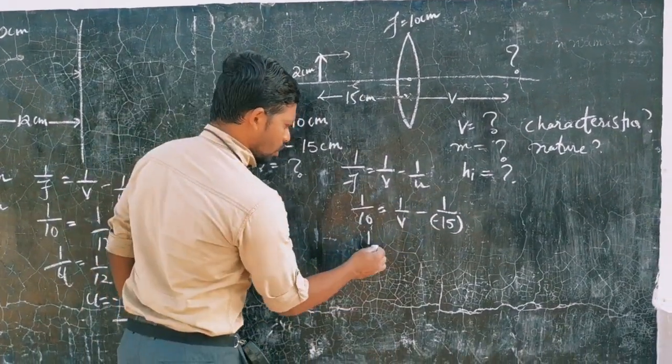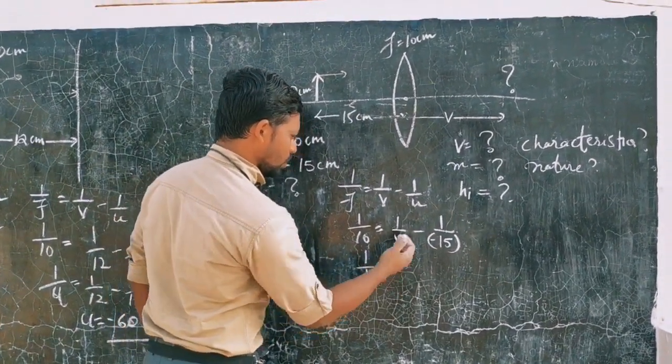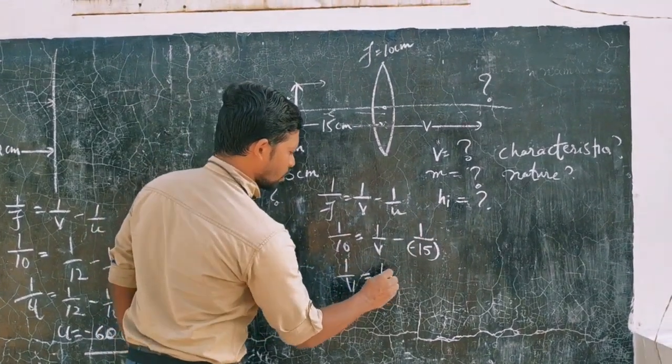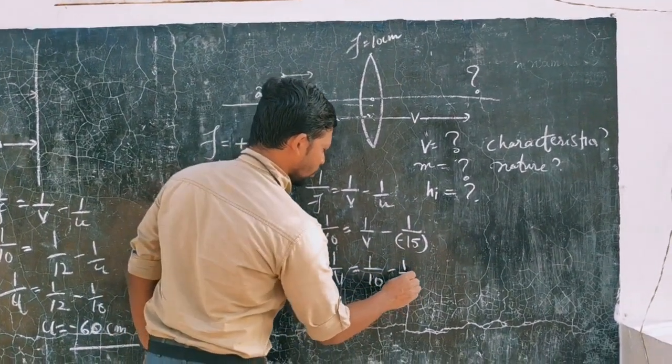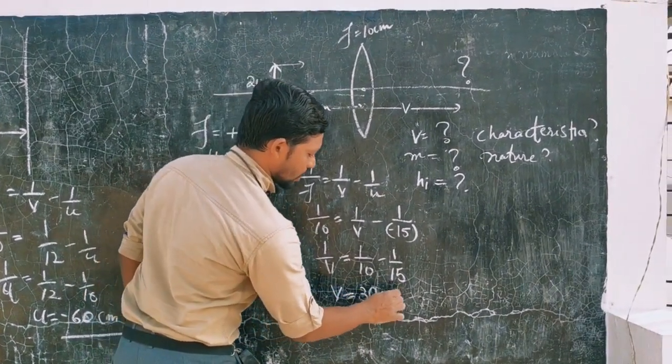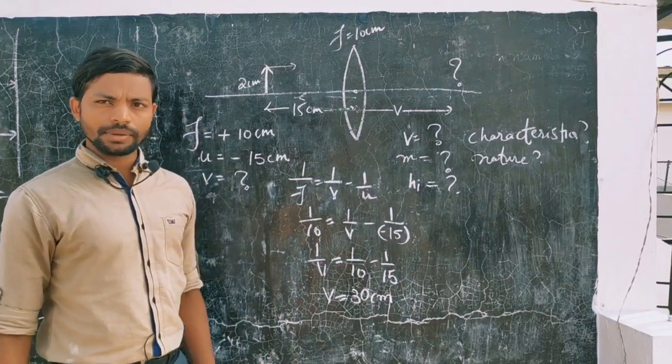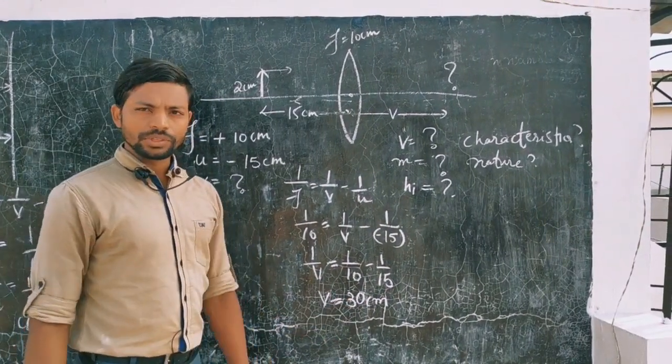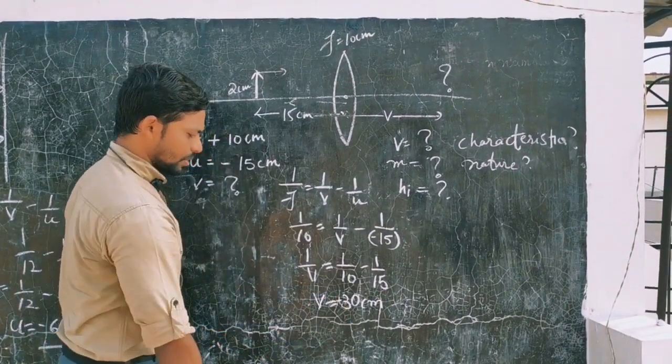So bring it over: 1 by V is equal to 1 by 10 minus 1 by 15. On solving this with the LCM, we are going to get V value 30 centimeter, plus 30, right?